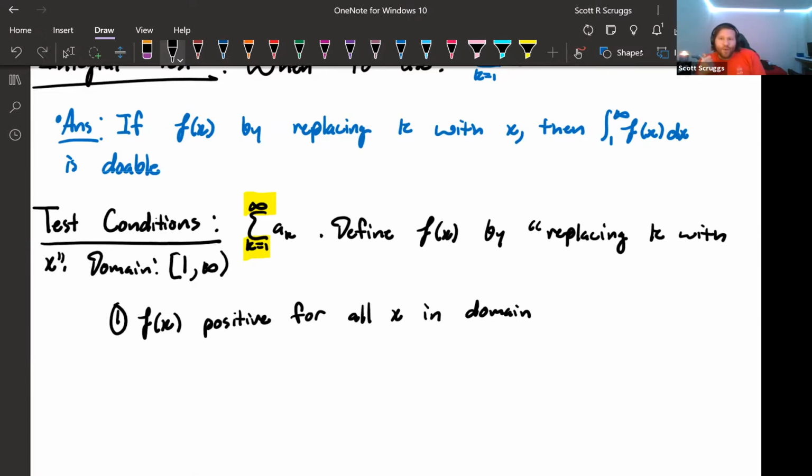So that's condition number 1 I need to check. Is my function f of x positive for any single x that I could use in my domain?